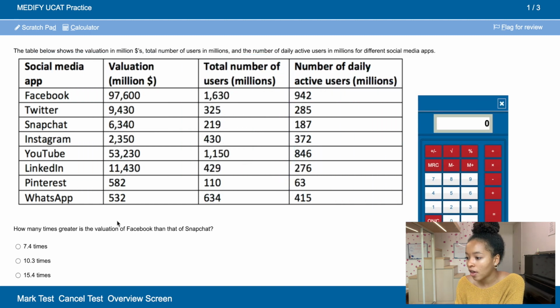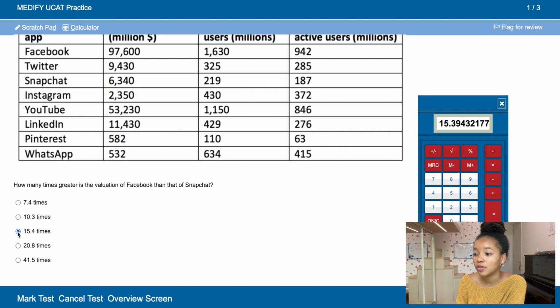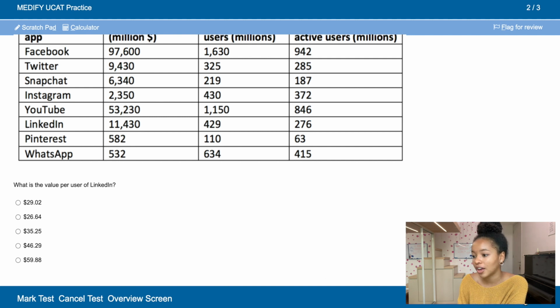I would find the valuation of Facebook, which is 97,600 million, and divide that by the valuation of Snapchat, which is 6,340. That gives me approximately 15.4, and the answer is here, which is 15.4. Once I found that, I would just move on to the next question.